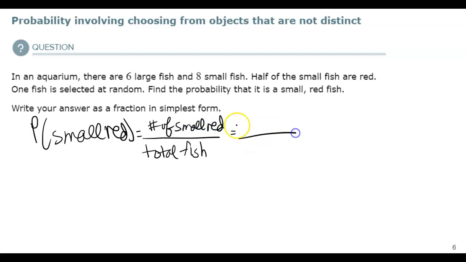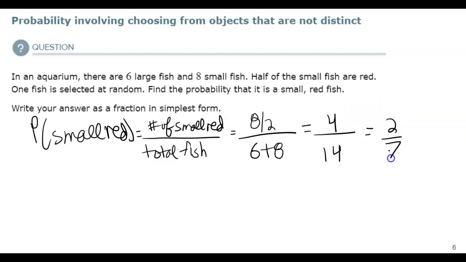So if we look at the total fish, we have 6 and 8, so we have 14 fish total. Small red: half of the small fish are red. So we have 8 small divided by 2, so we have 4 small red, which gets us 2/7. It asks us for fraction form, so we're good there.